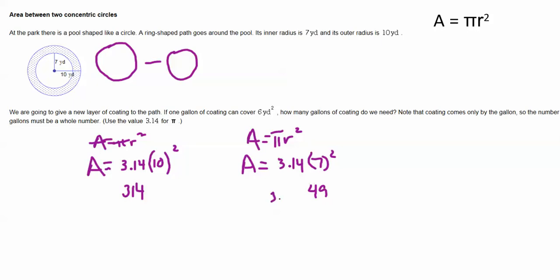And then we need 3.14 times 49. And on that one, we're for sure going to need our calculator. 3.14 times 49 is 153.86.